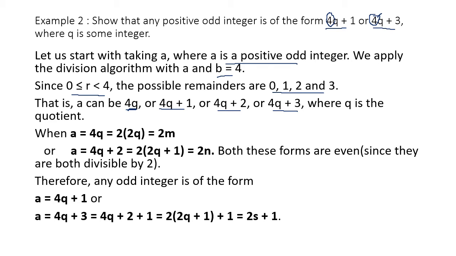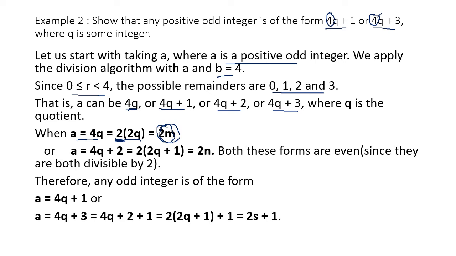Now when I take a as 4q, I take 2 outside the bracket, so I can write 4q as 2 into 2q. I don't know the value of q, but I know that it is multiplied by 2. Whatever is inside the bracket, it is multiplied by 2, so I'd call it 2m. Now remember in the previous example, any number multiplied by 2 is an even number.